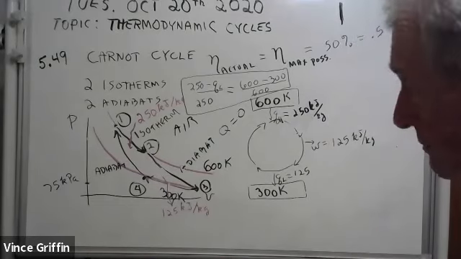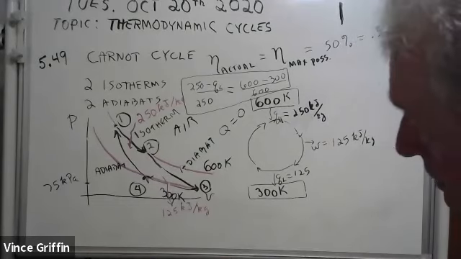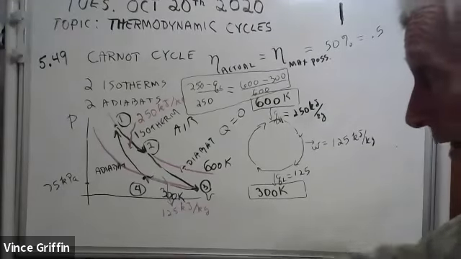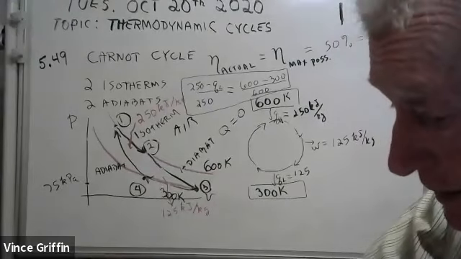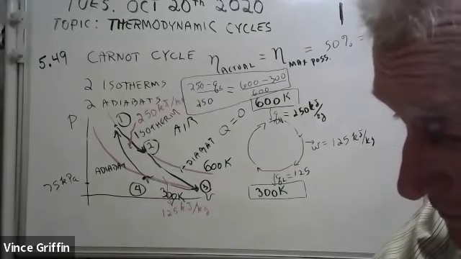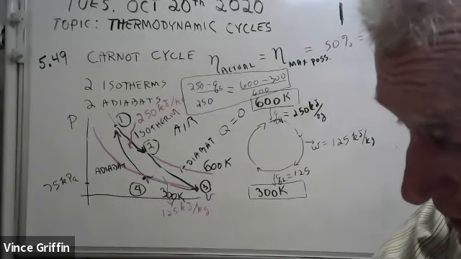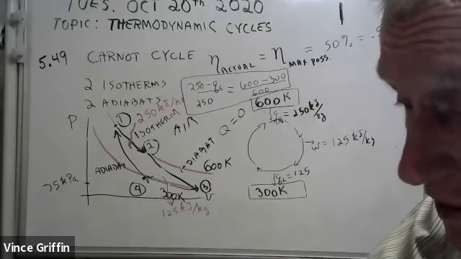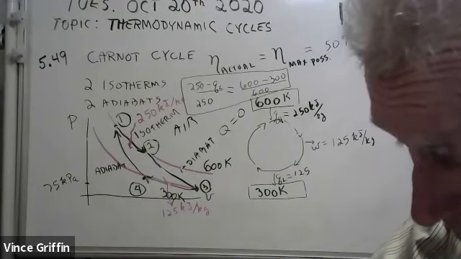So we've come a long way. And we know this. So perfect efficiency is 50%? At those temperatures, the best you could ever get is 50%. See, the efficiency depends on the temperatures.